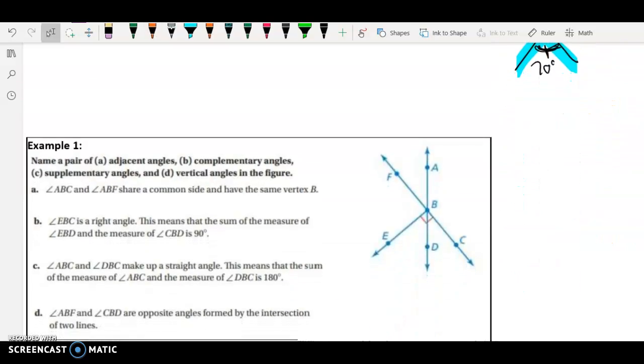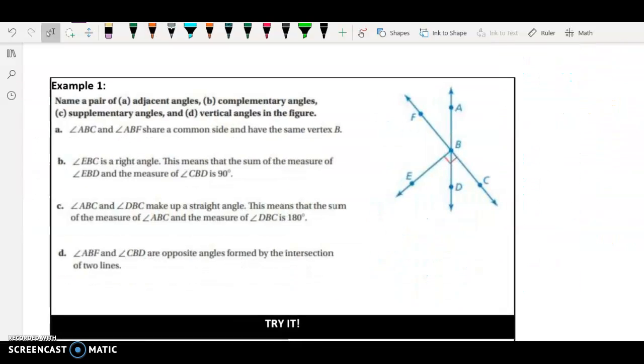All right, so example 1. Name a pair of adjacent angles, complementary angles, supplementary angles, and vertical angles. So first we have A, and it says that ABC and ABF share a common side and have the same vertex. So what we're looking at is ABC. So we start at A, we go to B, and then we go to C. So it's talking about this angle right here.